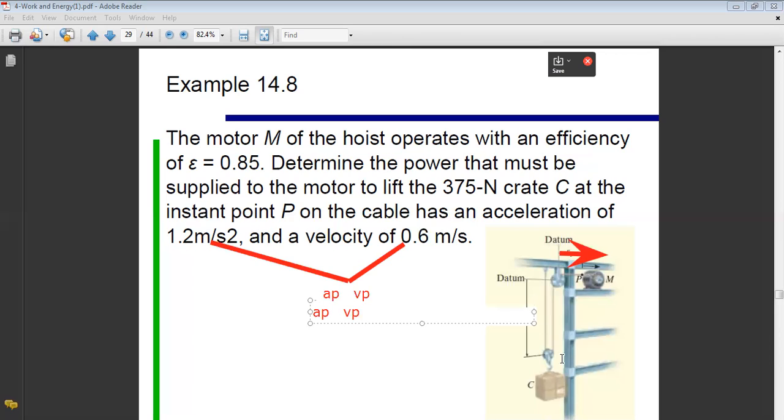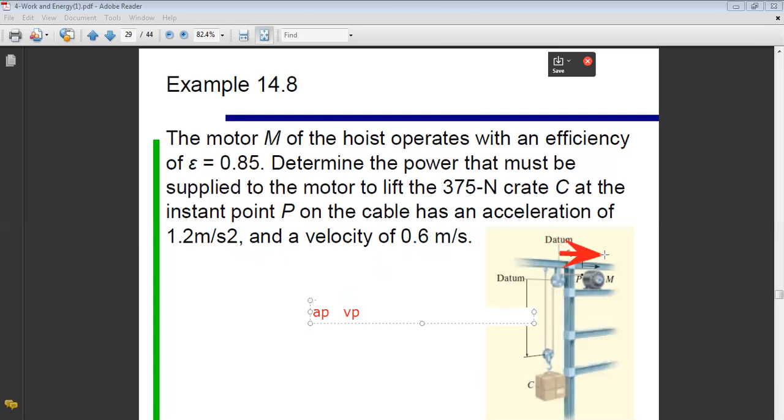Now let us try to relate the motion of C. Whenever you have a pulley system, directly try to relate the motion of points P and C together. Since you have a motor pulling the cable inward, you will take a coordinate for the motor.